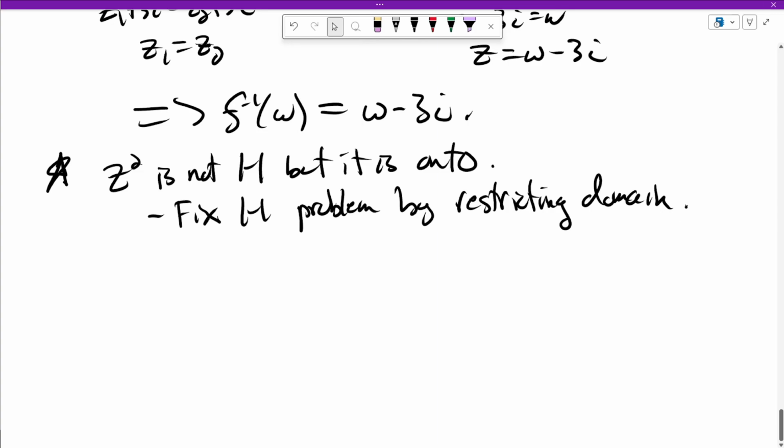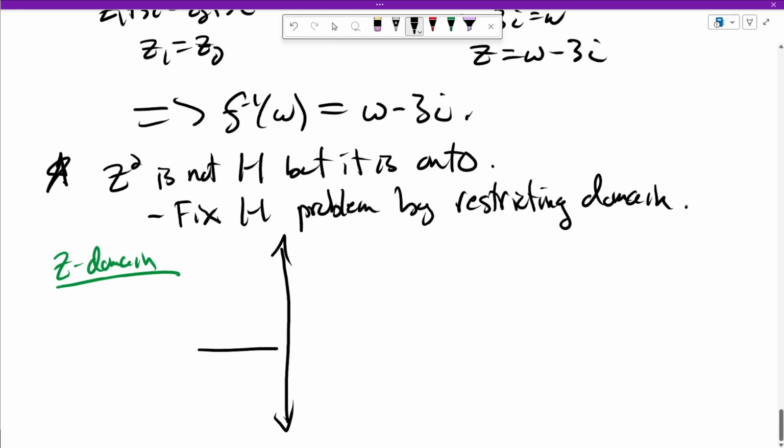For various reasons, we'll want to adjust our domain, but usually what we'll regard as the domain, so the z domain, is usually we're going to regard it to be a set that is solid here and then open on the negative imaginary axis, and then we're going to consider all points here.